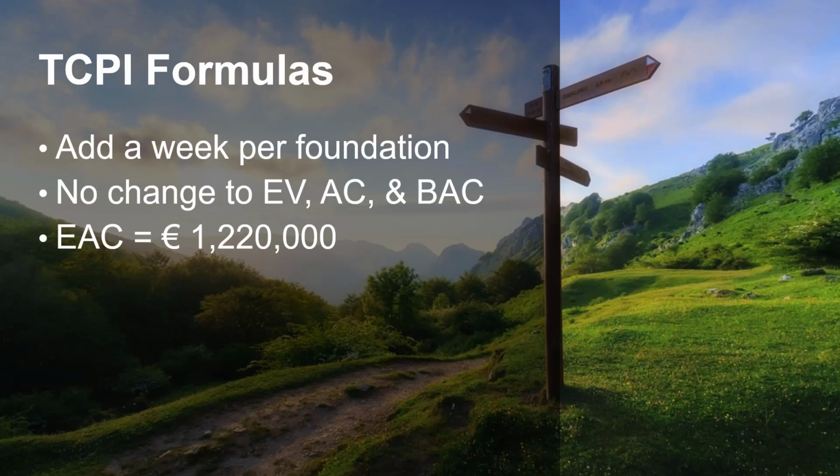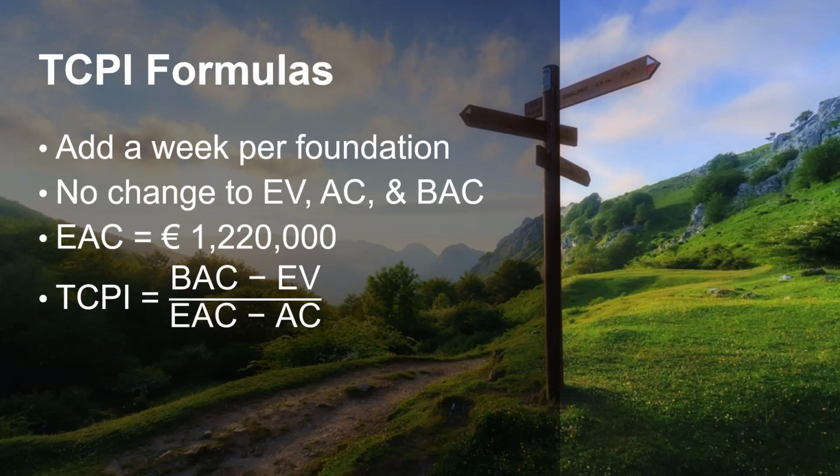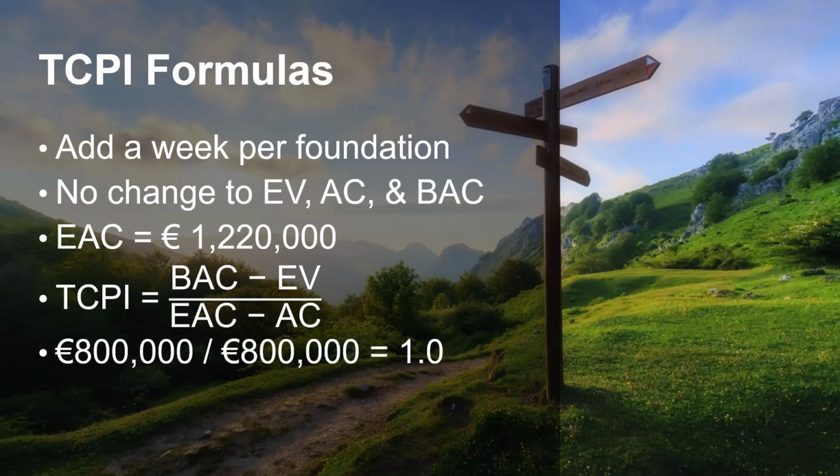The formula is the same as in our driving example. We take what we have left to do, BAC minus EV, divided by our new estimate, EAC minus the actual cost. And if you plug in the numbers and calculate it out, you end up with a nice and even 1.0.